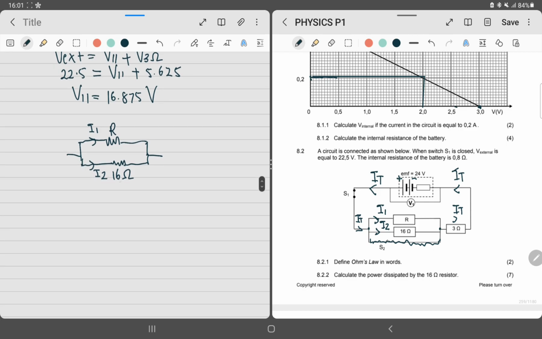So it means that the voltage through the 16 ohm resistor is 16.875. Now we can find the power. We use this formula. (16.875) squared divided by 16. I'm getting 7.80 watts.